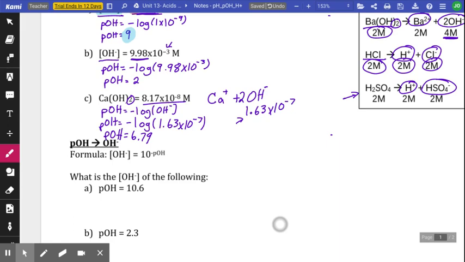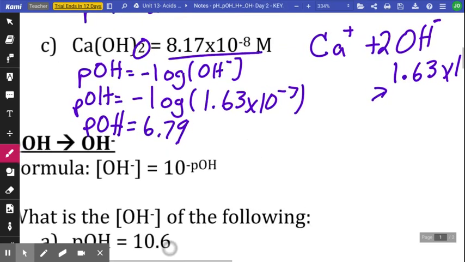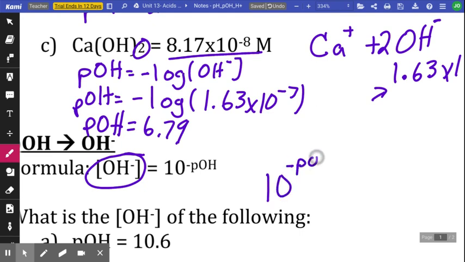Now, let's flip that around. Let's say I wanted to go from the power of hydroxide into the concentration of hydroxide. Well, our formula is what you see right here: hydroxide concentration equals 10 to the power of the negative pOH.